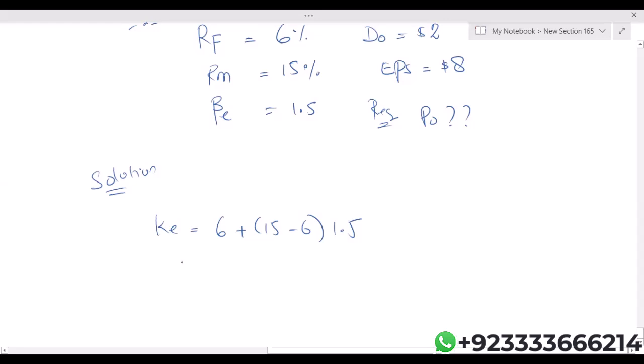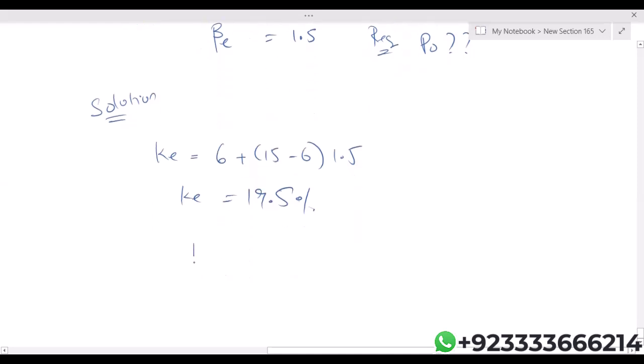Students, I'm getting Ke 19.5. Just put a percentage sign. Okay, yes, it's correct. Now, 1 minus payout ratio is 0.75.